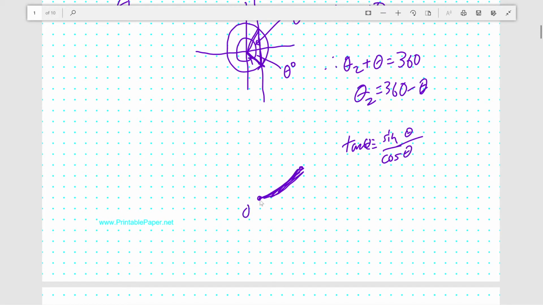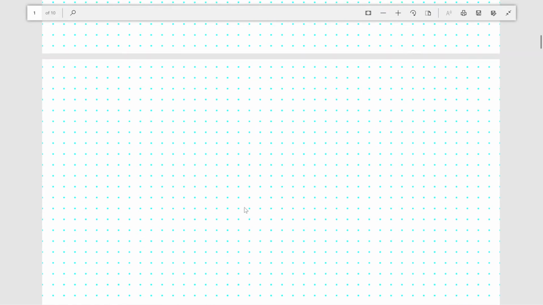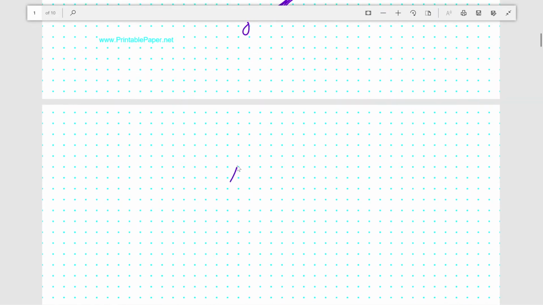And so the change in y from 0 to sine theta divided by the change in x from 0 to cos theta is just going to be sine theta over cos theta. The gradient is just going to be sine theta over cos theta, and so this is going to be tan theta. So obviously on the unit circle, you're looking for something which has the same gradient.